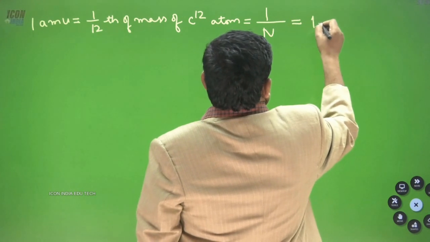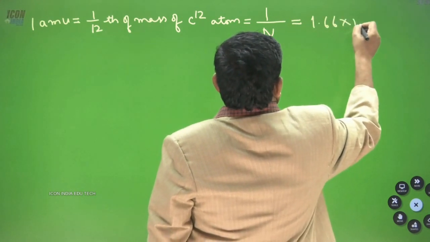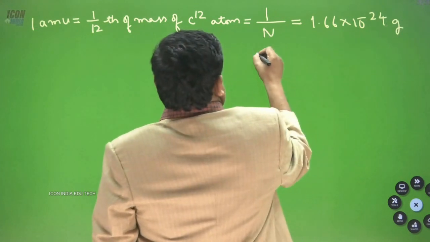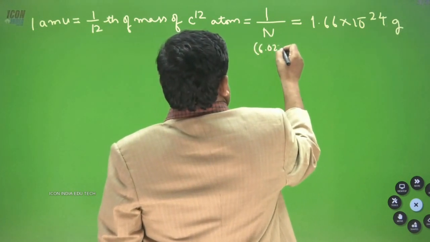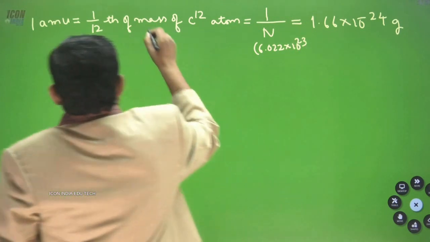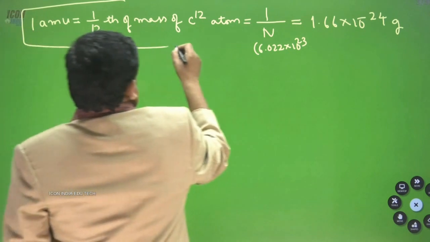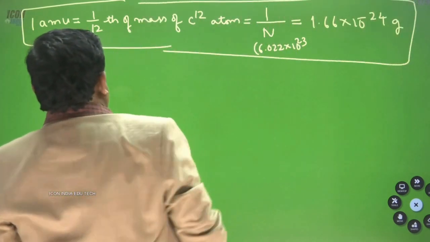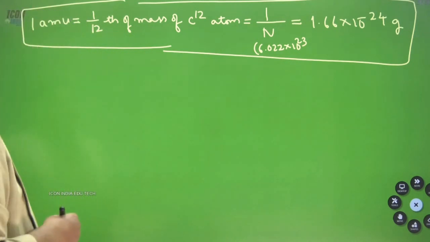This is equal to 1.66 into 10 to the power of minus 24 gram. Avogadro number is 6.022 into 10 to the power of 23. These are all equal. This is the AMU concept.